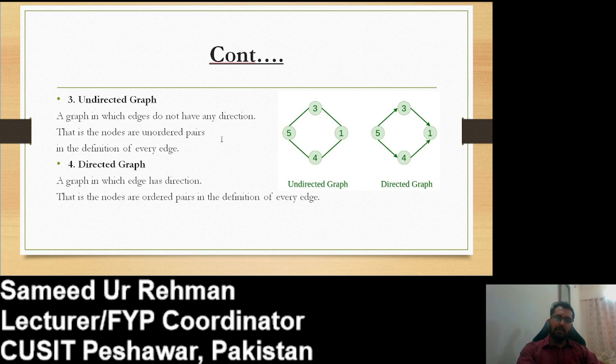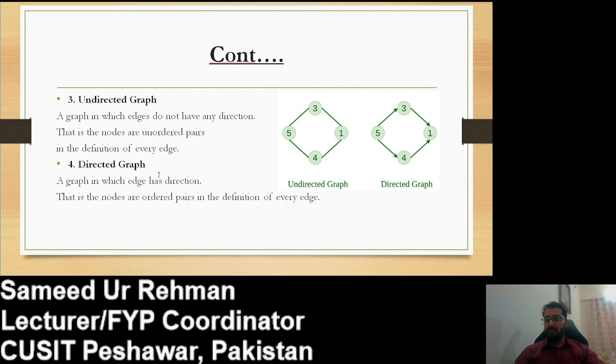The next one is undirected and directed graph. It is very simple. An undirected graph is a graph which has no direction associated with its edges. In a directed graph, there is a direction associated with specific edges. By definition, a graph in which edges do not have any direction, that is, the nodes are unordered pairs. You can traverse it from either this side or this side. There is no order specifically mentioned in this graph.